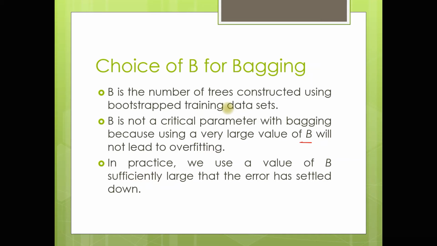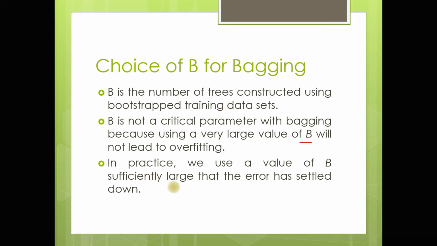So whether you have a large value of B or a small one has nothing to do with overfitting, because it is not going to add more split variables. It is just increasing the number of trees that you want. So generally we take a sufficiently large value. Why?